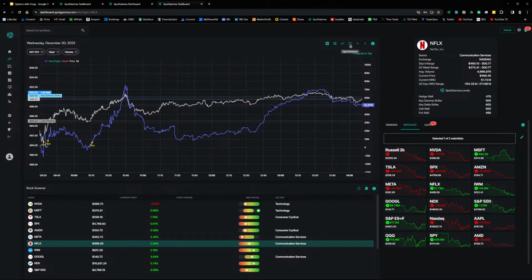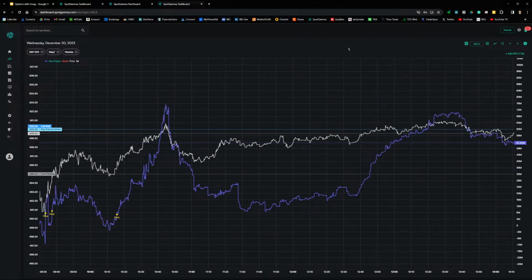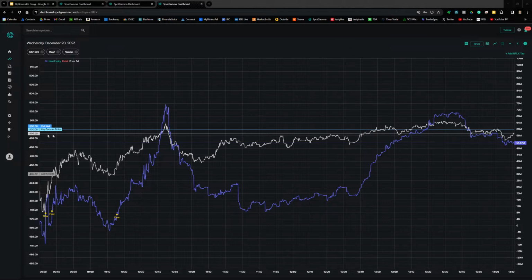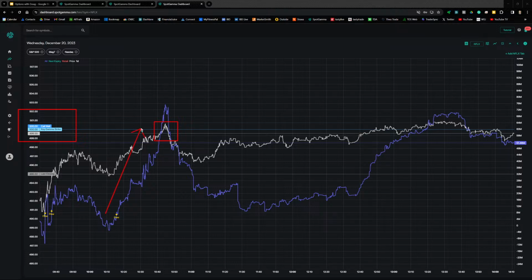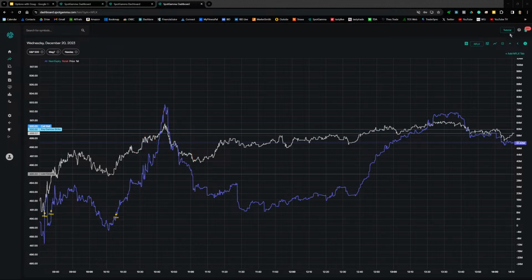Let's zoom in on this chart. So here is the 500 key gamma strike call wall, acting as resistance. Note the sharp shift in the Hero signal. Traders taking positive delta positions, and as price hits that 500 call wall, they immediately start taking negative delta positions.